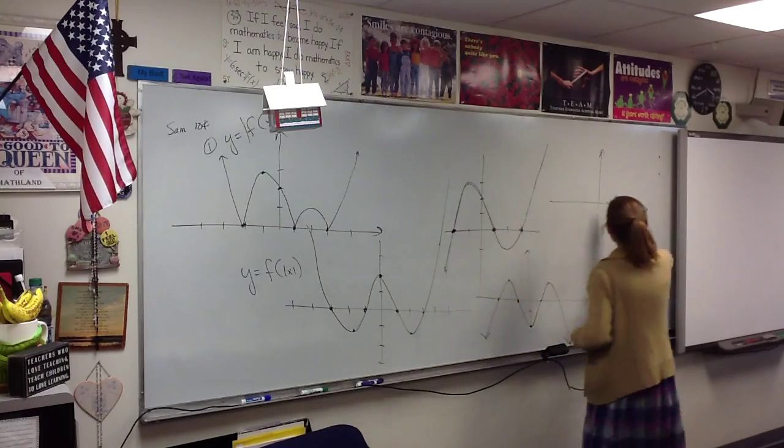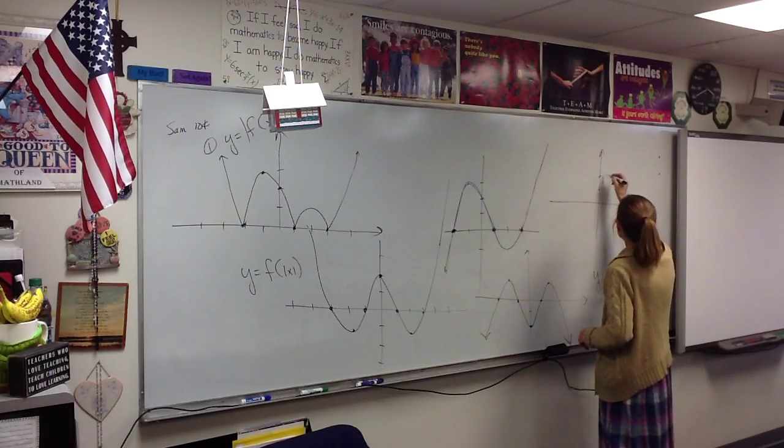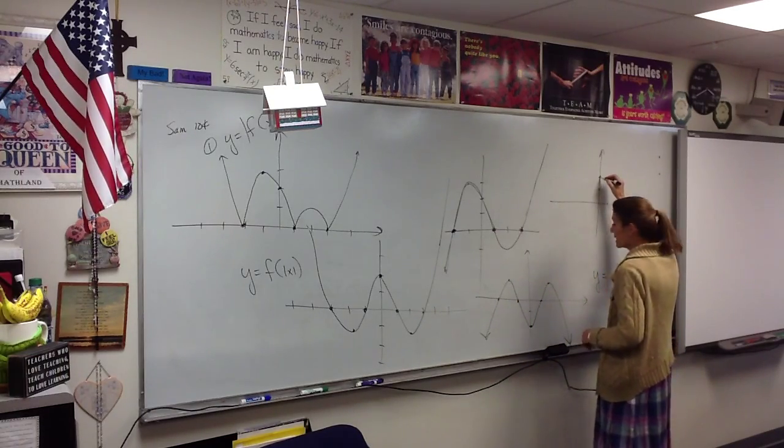Okay, so I'm going to go ahead and sketch that one again, although you wouldn't need to because you've got it here on the paper, but I'll do it with dashed.